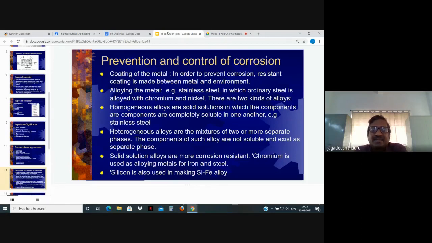This part is already present in the second portion of this unit. So you select the material from among the many things available, depending upon these factors. Obviously, silicon is also used to make an alloy with iron to get corrosion resistance.